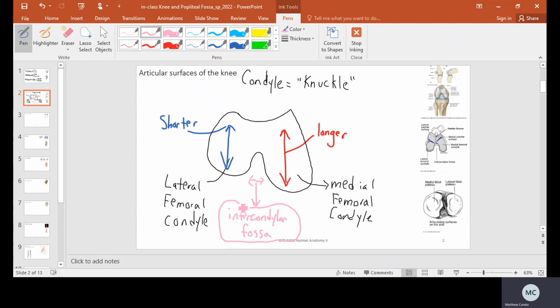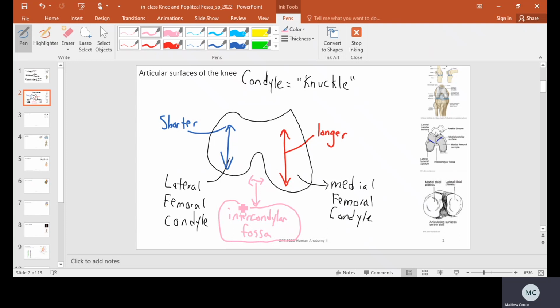Those ligaments are a little different in terms of nomenclature. What we've been used to so far is that my ligaments are named for what bones they attach, right? Okay, and we saw that with things like my glenohumeral ligaments, right, and my acromioclavicular ligaments. Anterior cruciate ligament and posterior cruciate ligament are going to be named based on how they cross, right?